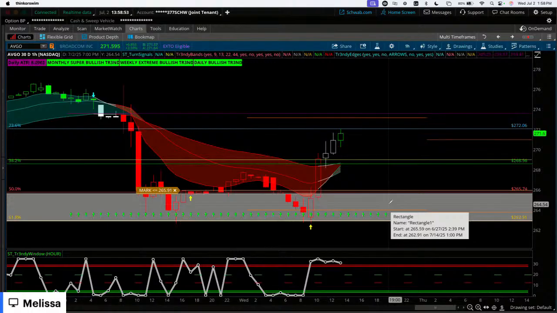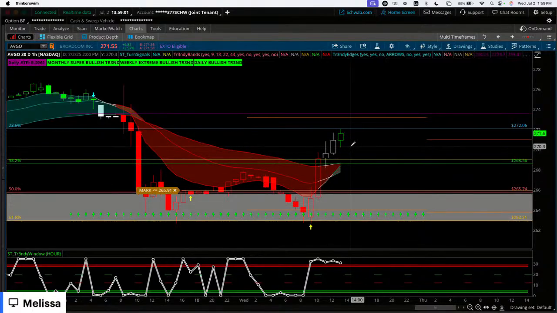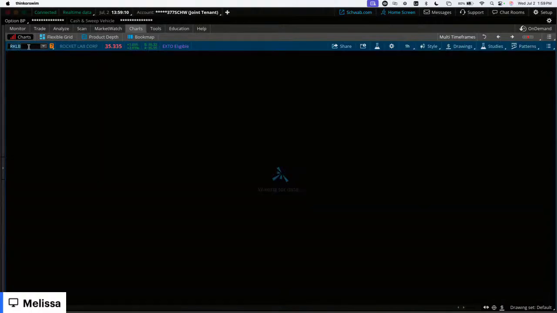Sandu asks, what is the best exit strategy on swing trading? For me, and this is just me, but I like to scale into trades and scale out of trades. So for me, I'm going to use a combination of Fibonacci levels as well as trendy edges.